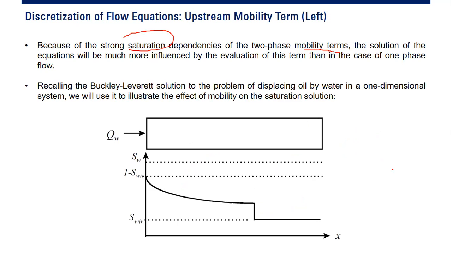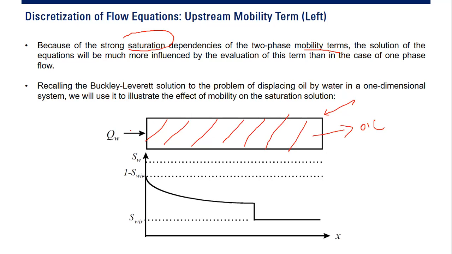Recalling the Buckley-Leverett solution to the problem of displacing oil by water in a one-dimensional system, we will use it to illustrate the effect of mobility on the saturation solution. So if we have our system here, and here we have rock containing oil, and then we want to displace the oil.